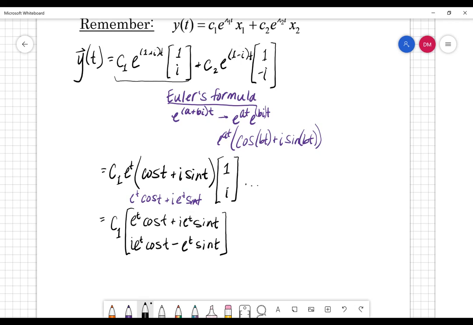Okay, so we are going to separate our real and our imaginary terms at this step. And I want to point out the reason why I'm not doing this with our c sub 2 right now: because this just included the conjugate pair, we're going to get something very similar to this.